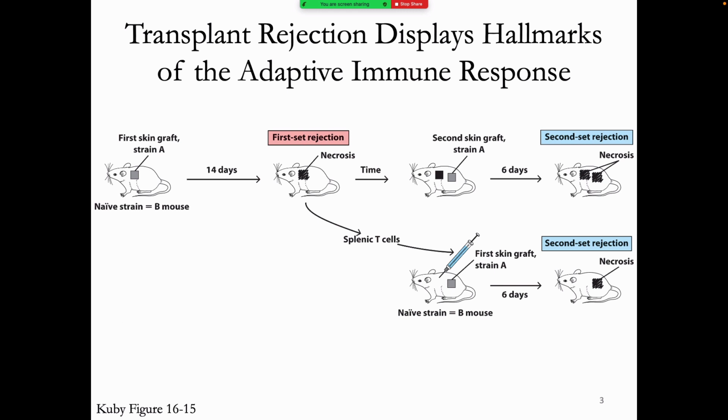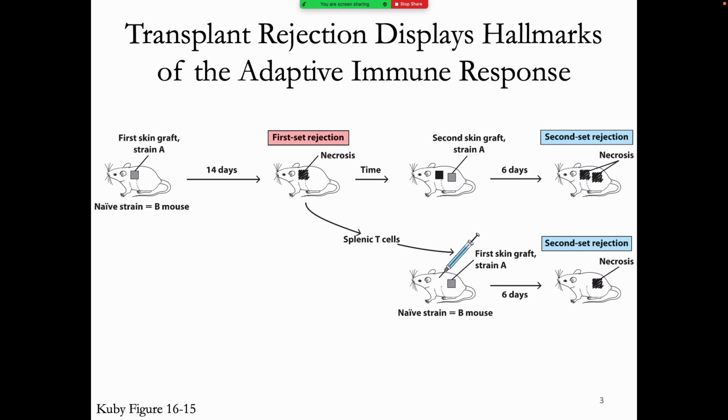We can give those T cells to a naive mouse and then give that mouse a skin graft of type A. And that mouse will also reject the graft quickly, within about 6 days. And so what might you infer from those data? Yep, Sebastian. It's the T cells that are causing the adaptive response. And so this also tells you that perhaps T cells are mediating that rejection.